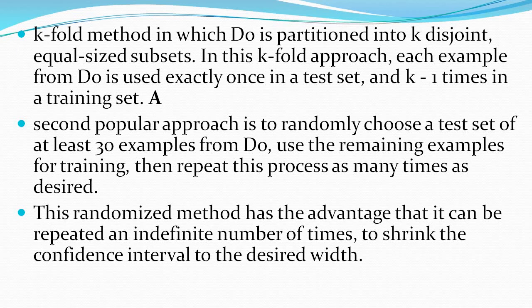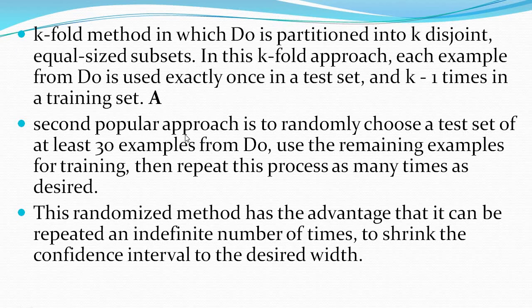While you are taking the different test sets, the example you considered as a test set may be in another sample, where it acts as a training example. That happens k minus 1 times. Whatever example is present in the test set of S1 may act as a training example in the different subsets. There is a chance of this occurring when we go for the k-fold method for that particular distribution D0.